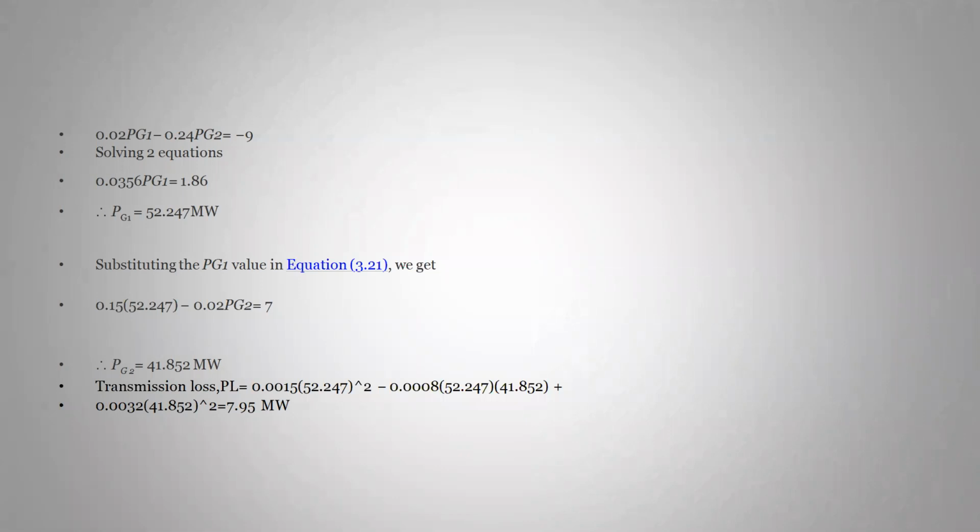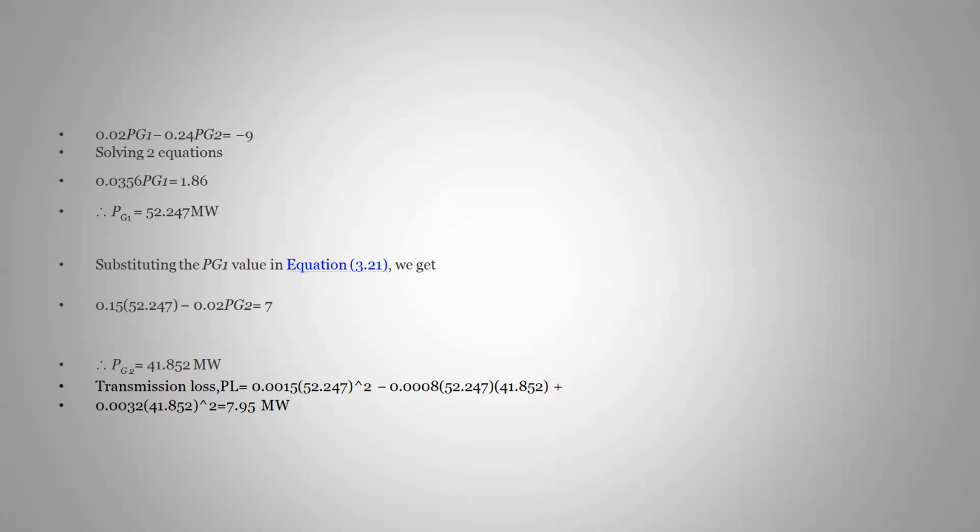So solving for the penalty factor of L1 and the penalty factor of L2, and substituting in the optimal generation, dou C1 by dou Pg1 into L1 is equal to lambda, and dou C2 by dou Pg2 into L2 is equal to lambda. In solving the two equations, the Pg1 and Pg2 values are there. Pg1 is 52.247 megawatt, Pg2 is 41.852 megawatts. What is the formula of transmission loss?